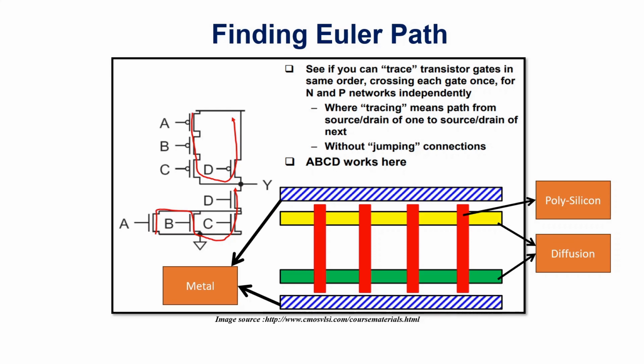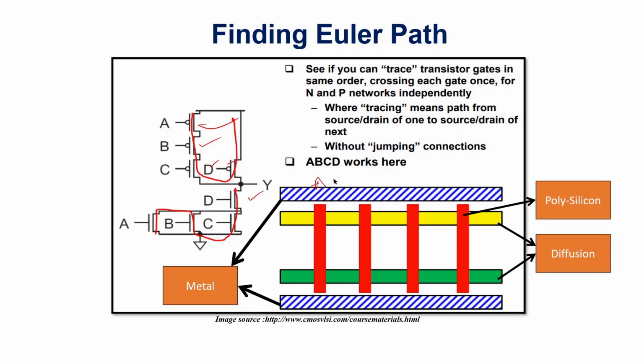Each transistor is touched once by a single path. Again here from A we go to B, then C, then D. So for this Boolean expression or digital circuit, ABCD is the common path for both PMOS and NMOS. So we will follow this in the layout.